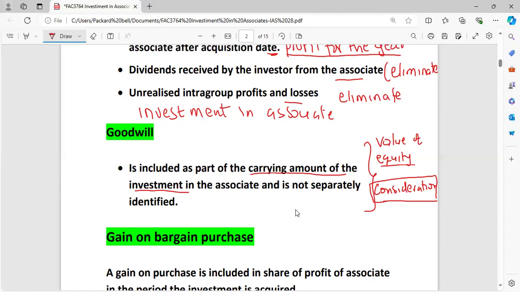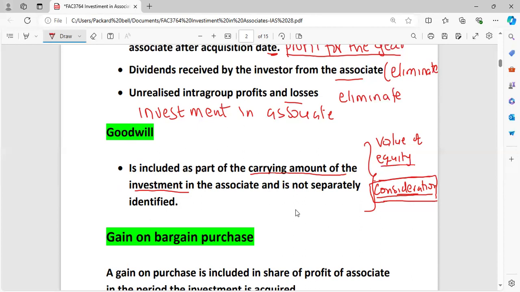There is no need to separate it when you want to determine the investment in the associate, because already it's in this amount, the consideration. You can calculate it, but when you go to your statement of financial position, there is no need to separate it.